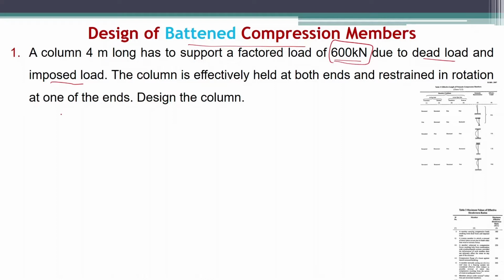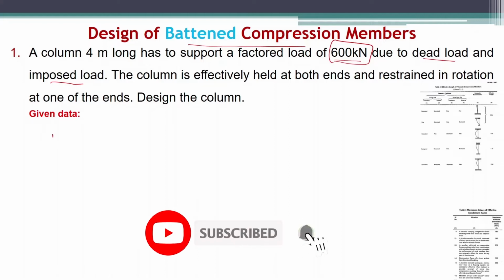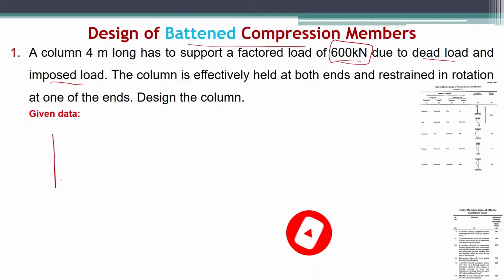So if you write the given data, this is a column and the end conditions are given. The column is effectively held at both ends. So at both ends, it is effectively held. That means the translation is restrained at both the ends.